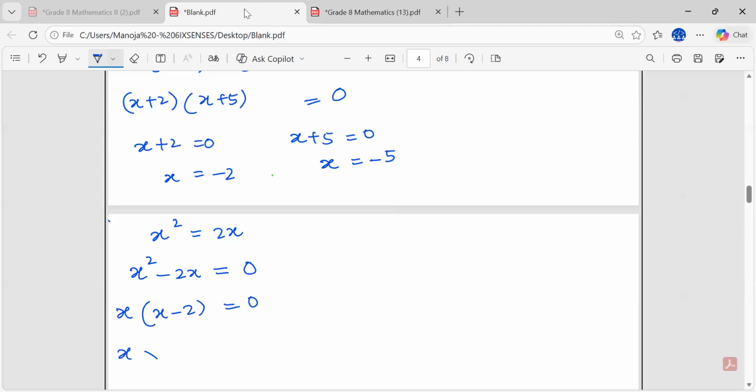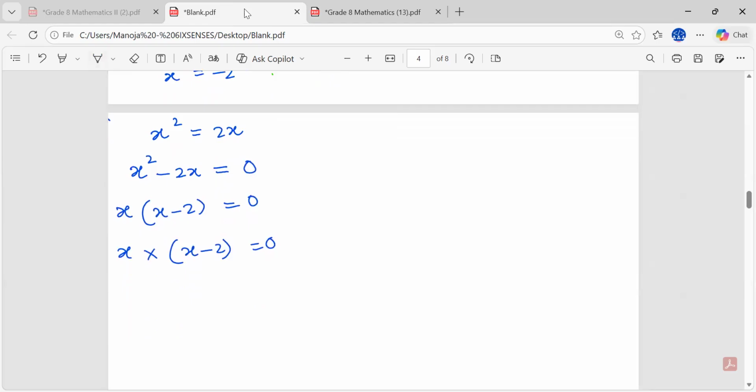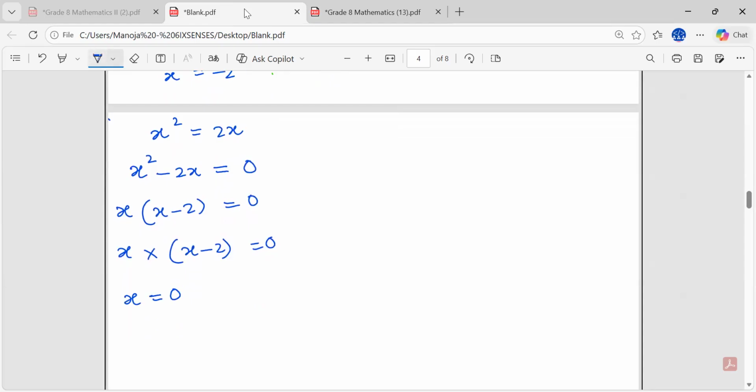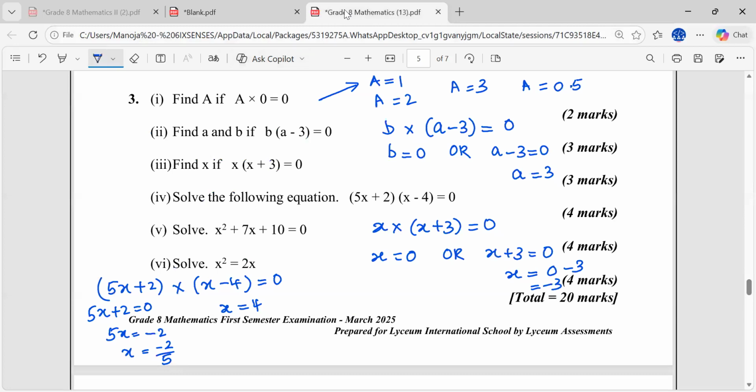What does this mean? x multiplied by x minus 2 is equal to 0. So then how are we going to write this? Either x should be equal to 0 or x minus 2 should be equal to 0. That is, x is equal to 0 plus 2, that is 2. Right? So that is the end of that question number.